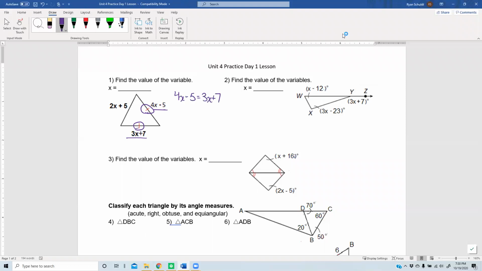And then I just got to solve for x. So move the 3x over. We'll get x minus 5 equals 7. Add 5. We get x equals 12. That's all they ask us to find.